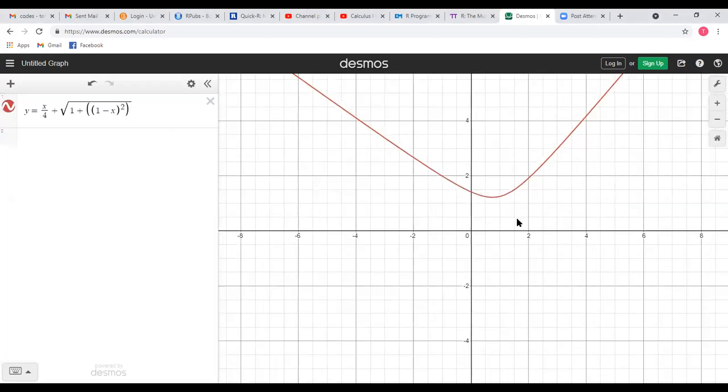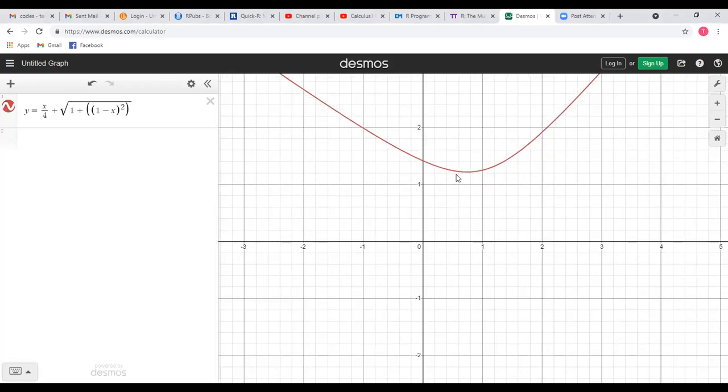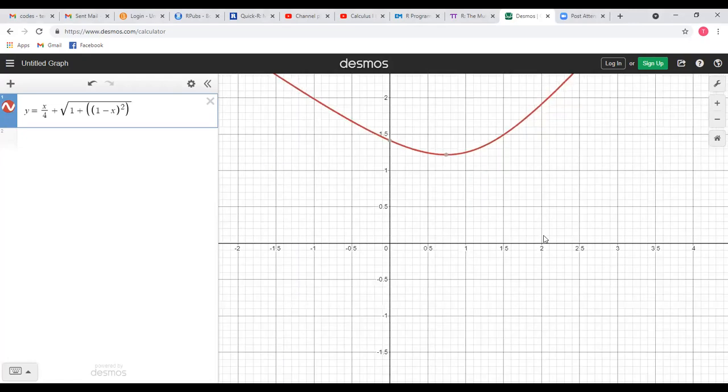So like I said, it's probably difficult to use calculus to do that. As you can see, because I know my range for x is from 0 to 1, it will give you the minimum here.